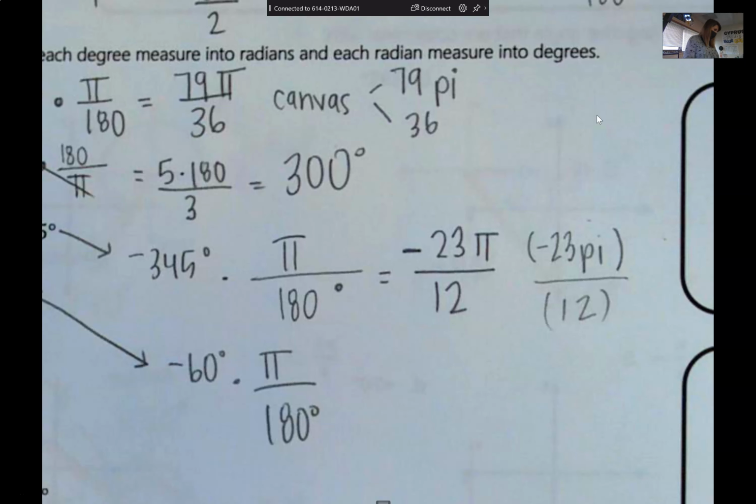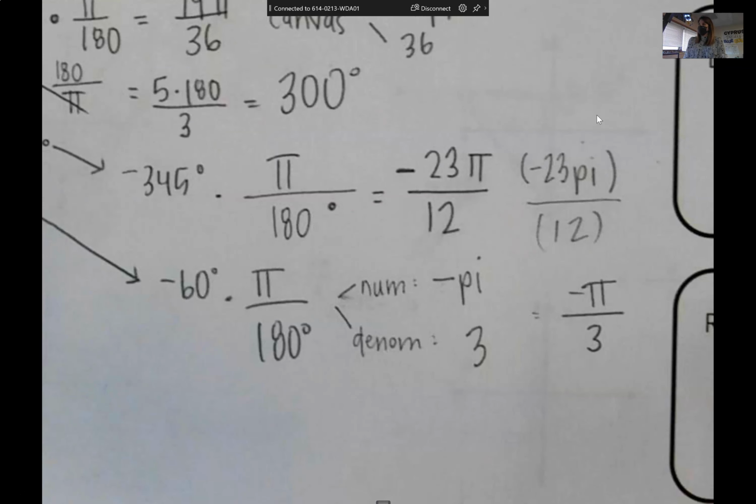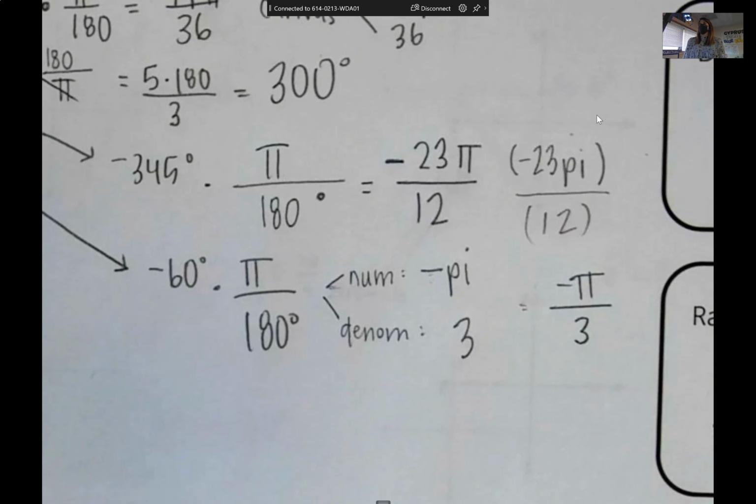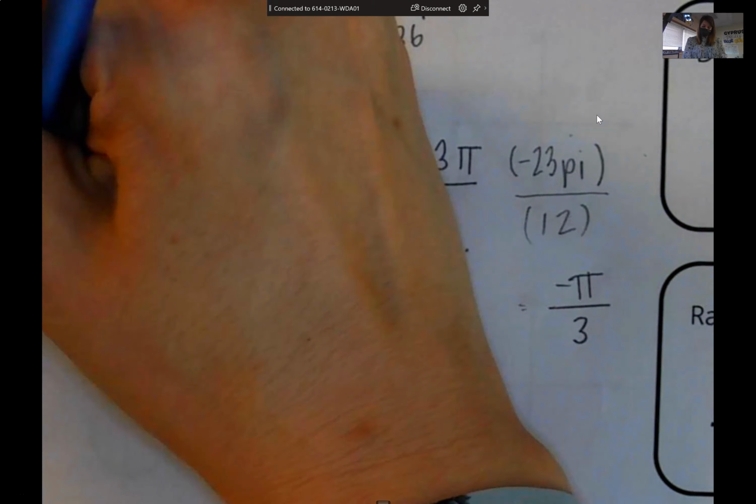So in Canvas, I would put negative pi and then 3. I'm getting negative pi over 3. Is that what you guys got? Yes? Okay, let's do 5 together.